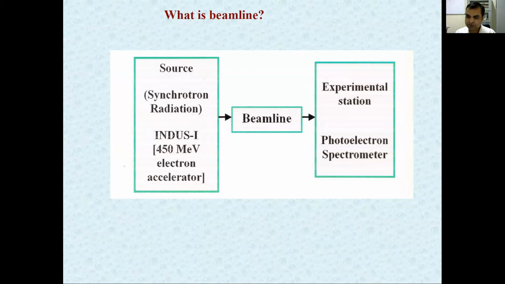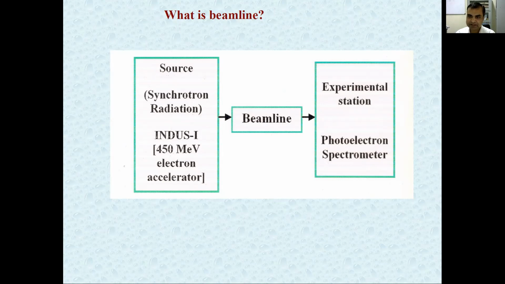Those components allow us to tune the incident photon energy as desired: for one set of experiments I need a particular photon energy, whereas for other experiments the required photon energy can vary. So we need a tunable, controllable unit, and people generally use different gratings or double crystal monochromators to select a particular photon energy for our experiments.